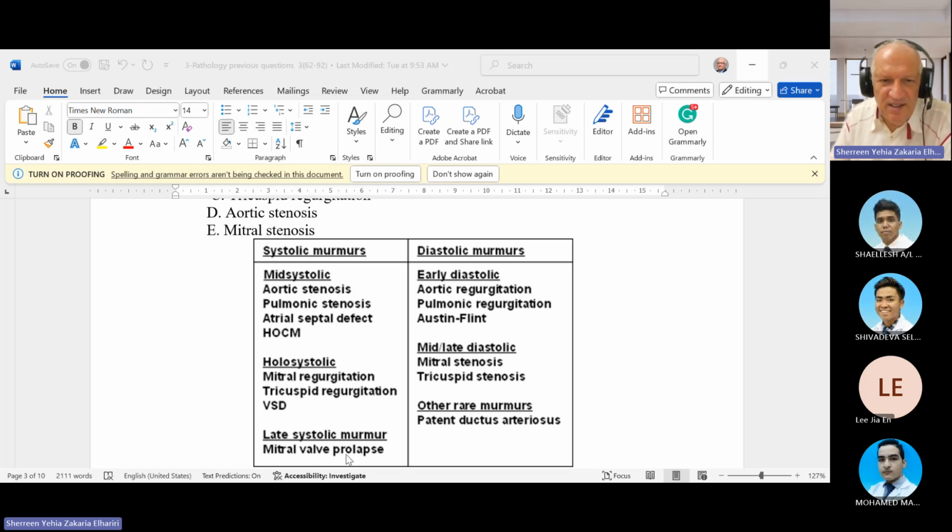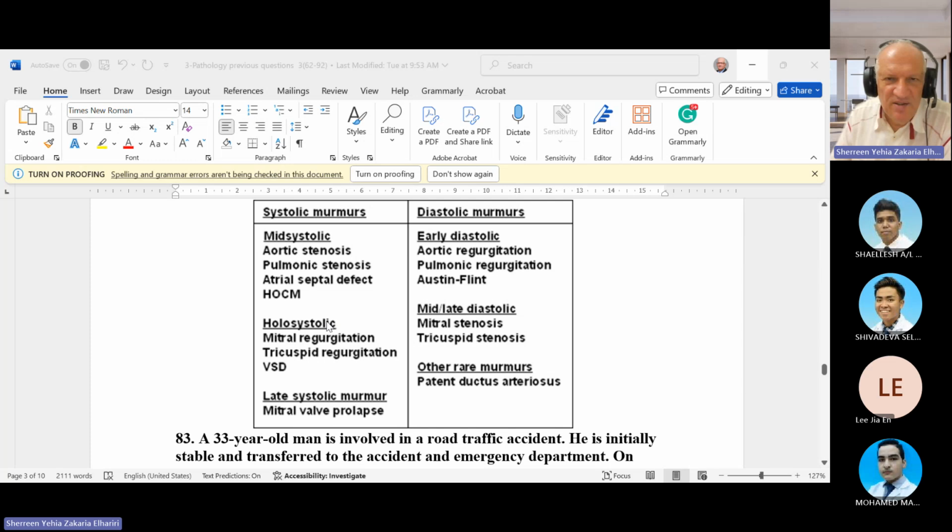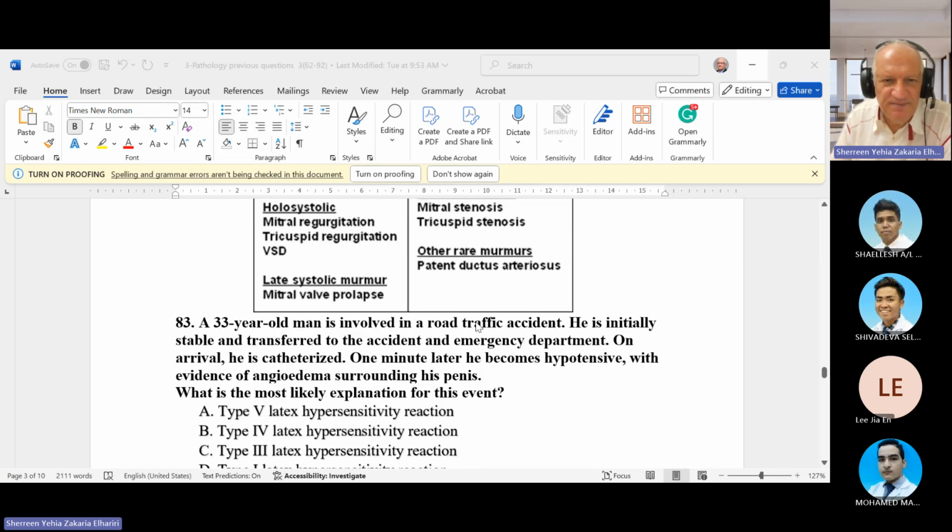Late systolic: mitral valve prolapse, and it is difficult. Diastolic murmur, early diastolic: aortic regurg in the aorta, pulmonary regurg, Graham Steell. Mid and late diastolic: mitral stenosis, tricuspid stenosis. Other rare: patent ductus arteriosus. So just to know the common ones related to aorta, mitral, tricuspid.